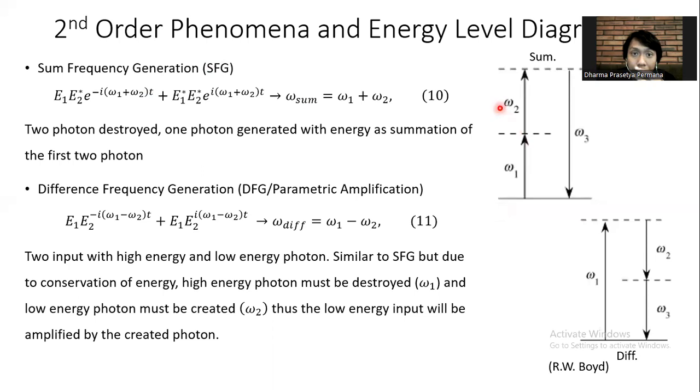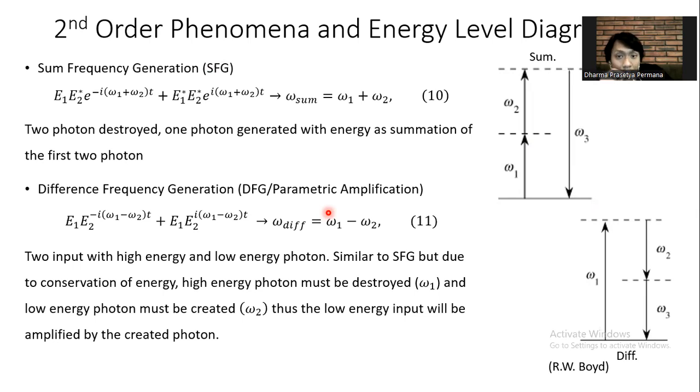But instead of the summation of omega 1 and omega 2, the frequency of omega 3 relates to the difference, omega 1 minus omega 2. This process of difference frequency generation is sometimes called parametric amplification.